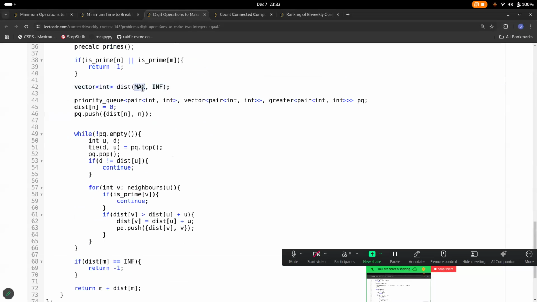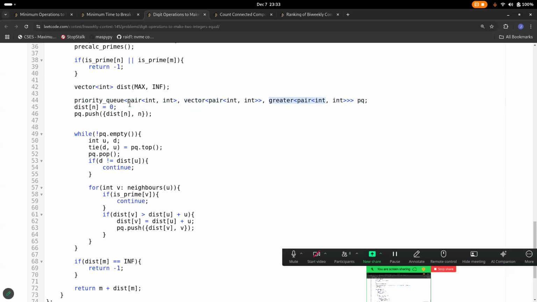And so we initialize a graph with 10 raised to power 4 nodes, and initially all nodes are at infinity. First, we say that our start node, which is n, is at a distance of 0. Then we maintain a priority queue. A normal priority queue will have the largest element at its top, but we use this template: pair of int, vector of pair of int, and greater of pair of int.